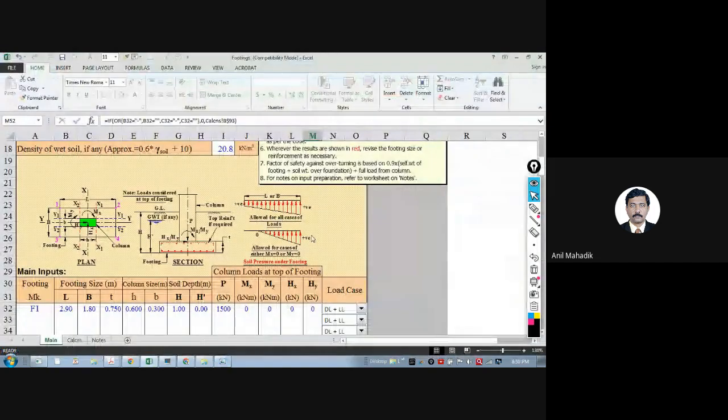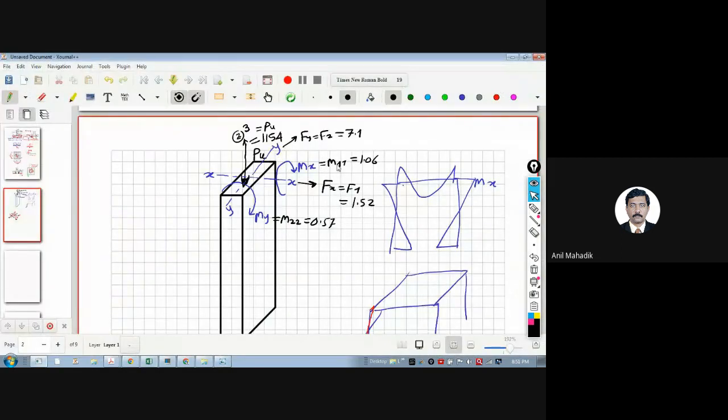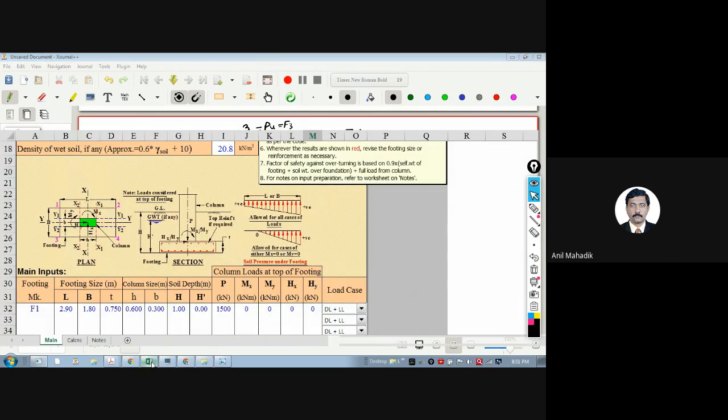So you can write both like this. In our case Mx is 1.06, and Pu is 1154, which is nothing but F3.